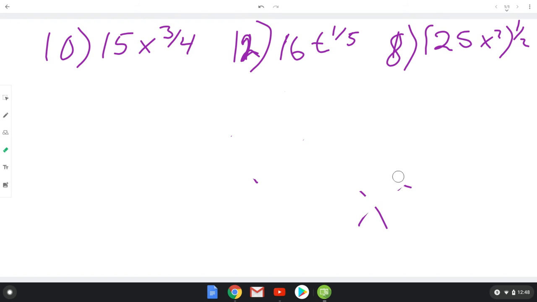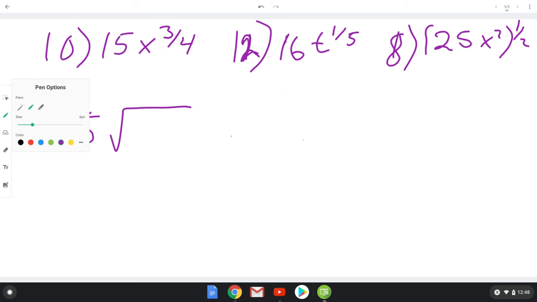For this first example, the exponent, it's kind of hard to tell because it's hard to write small, but this 3/4 is the exponent of this x. It doesn't apply to the 15. So the 15 is just going to sit out in front. It's not really going to do anything. Then the denominator, again, is going to become the index.